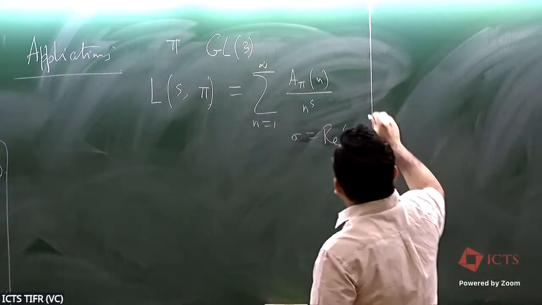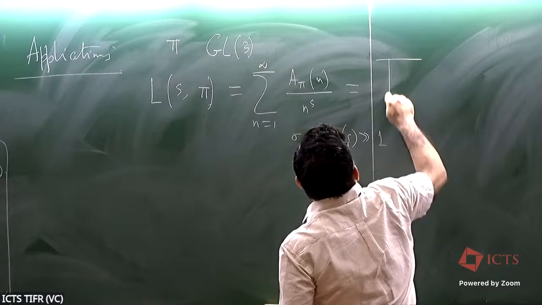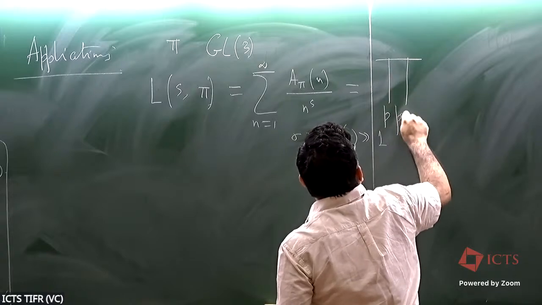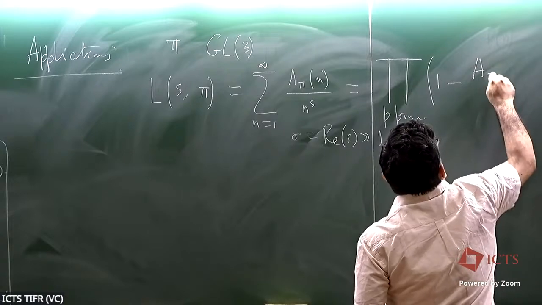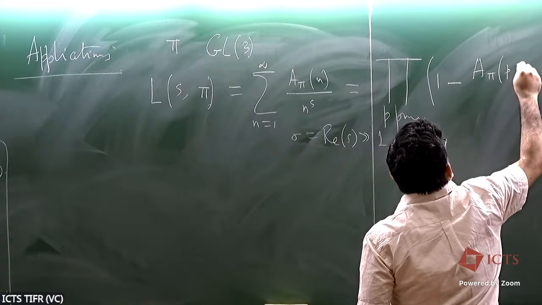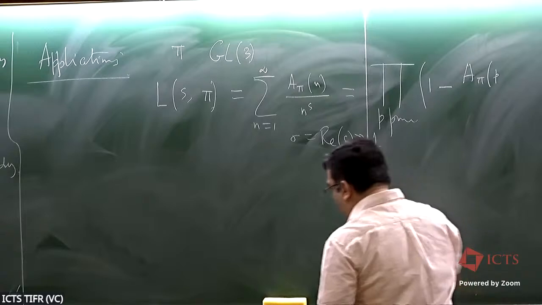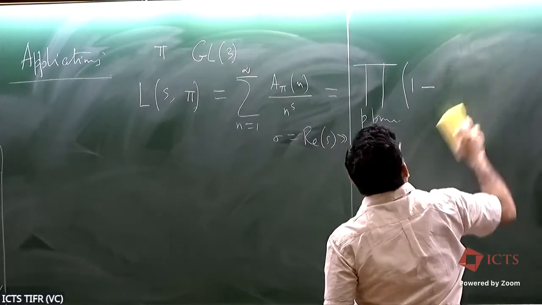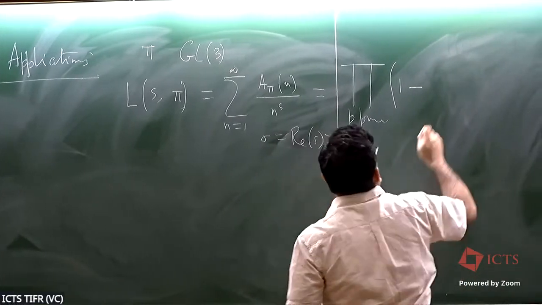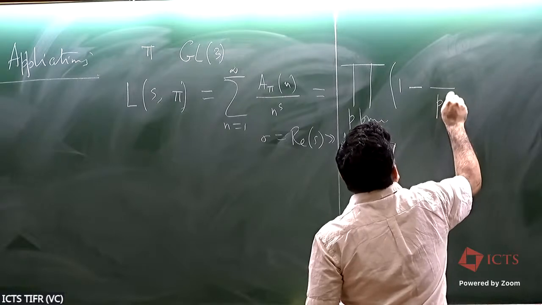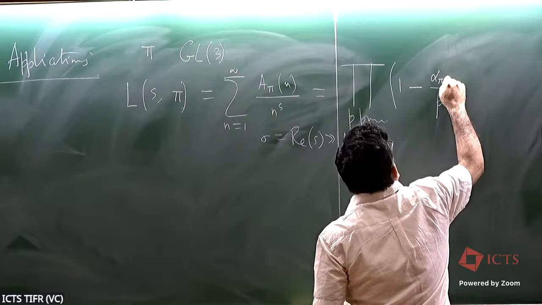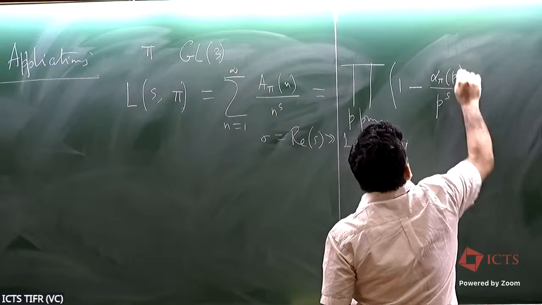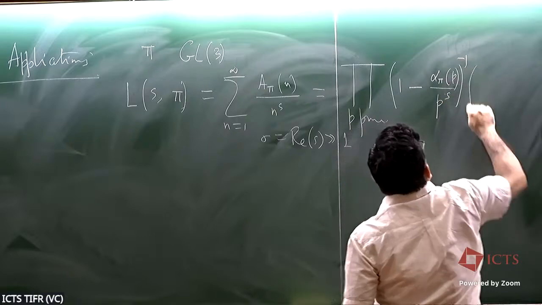And this is also given by an Euler product of degree 3, product over primes p.